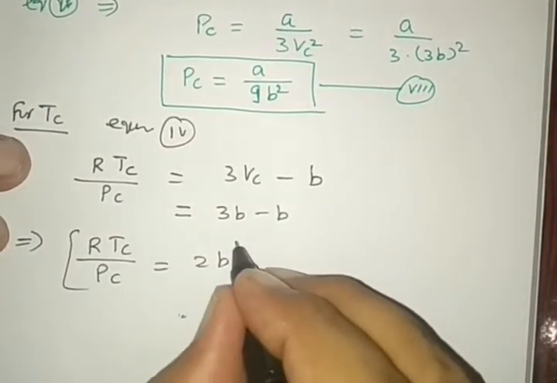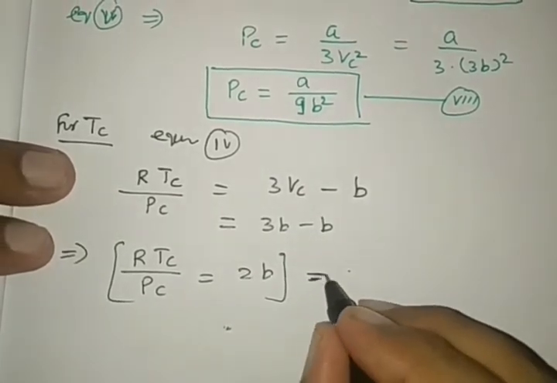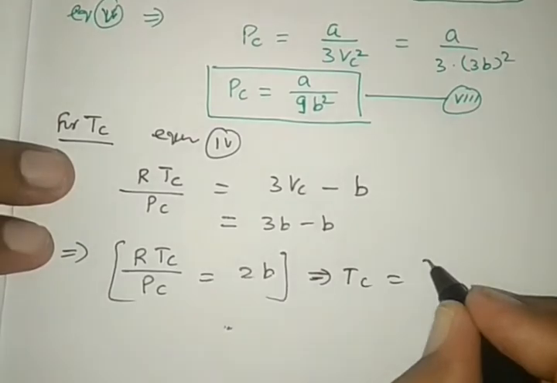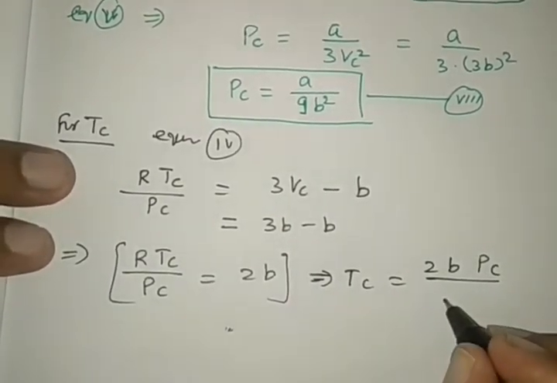By this concept, we may write that Tc is equal to 2B Pc by R.